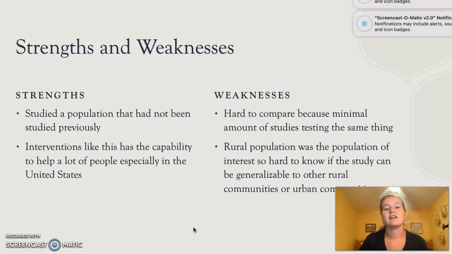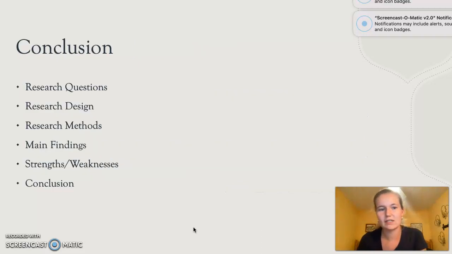Some weaknesses of this study: it's hard to compare because there's minimal amount of studies testing the same thing. So here we see that a strength can also be a weakness, and that rural population was the population of interest, so it was hard to know if the study can be generalizable to other rural communities or even more so urban communities and suburban communities.